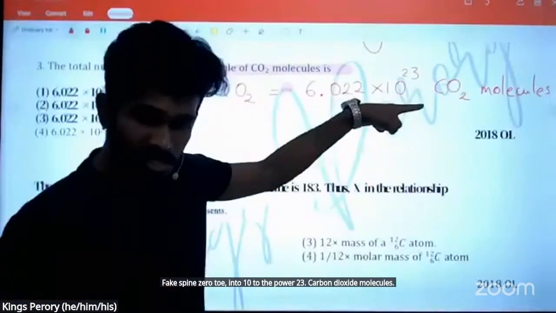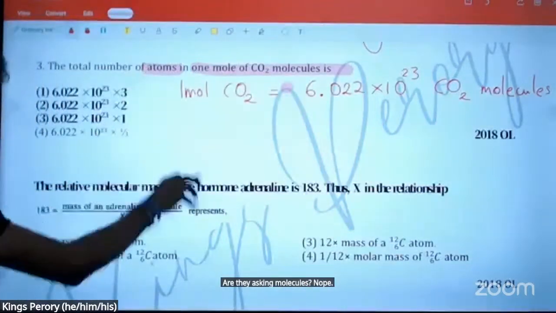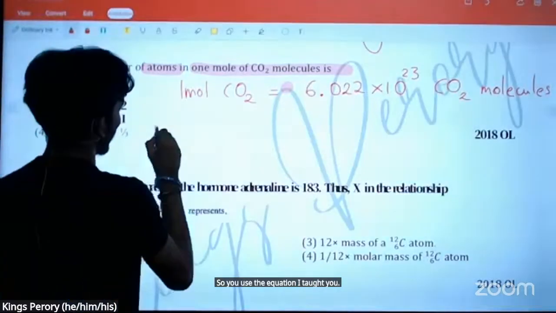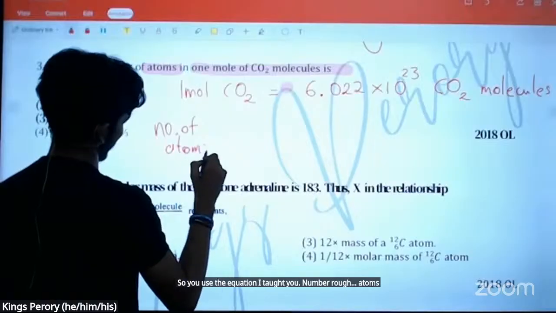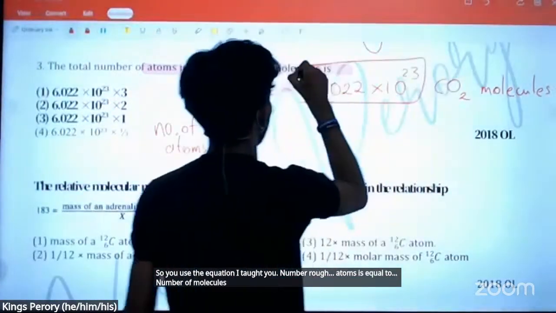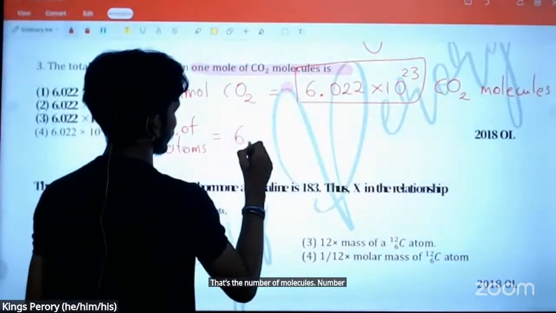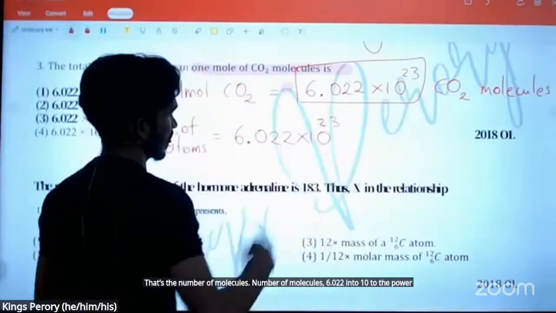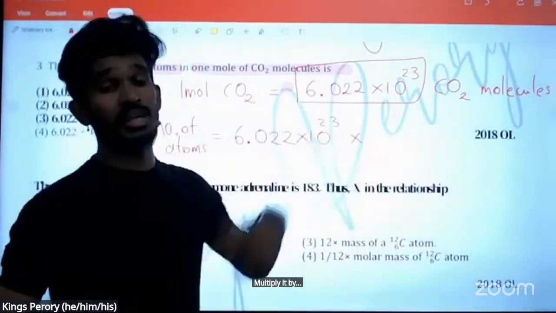Are they asking molecules? Nope. They are asking atoms. So you use the equation I taught you. Number of atoms is equal to number of molecules, that is this red color part, multiplied by number of atoms in 1 molecule.